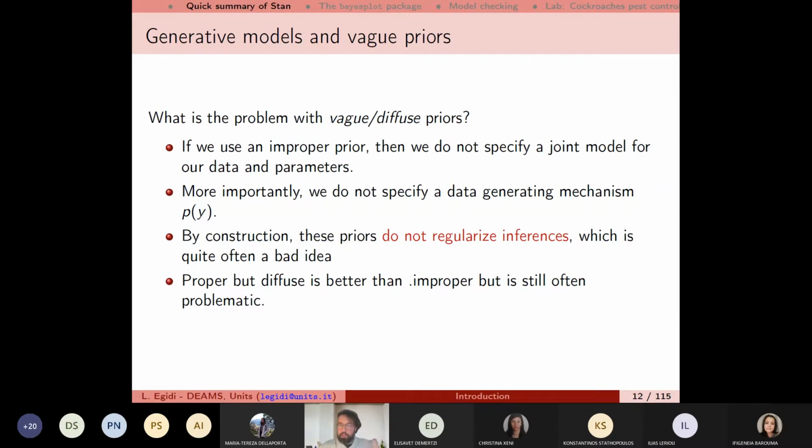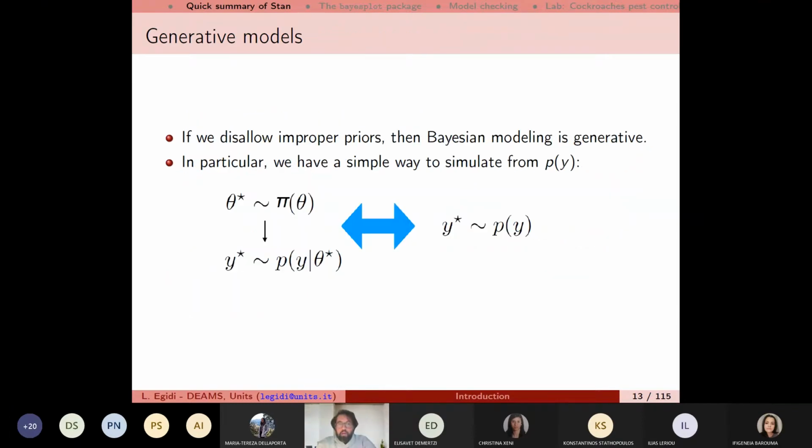In Stan, we are asked to restrict the domain of credibility for our parameter. So, as I told you, if we disallow improper priors, then the Bayesian model is really generative. In particular, we have a simple way to simulate from our marginal likelihood.